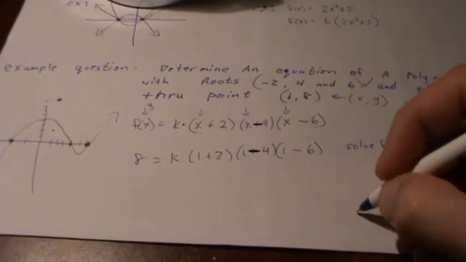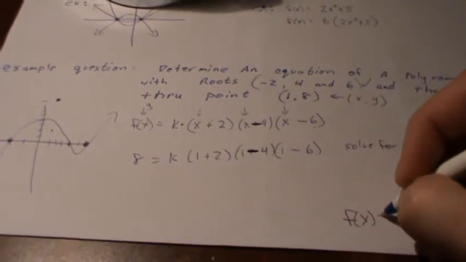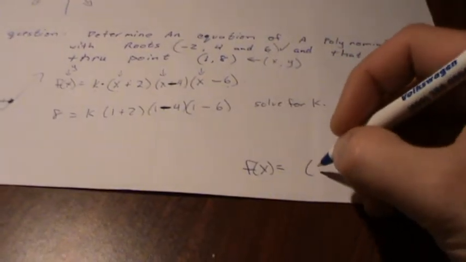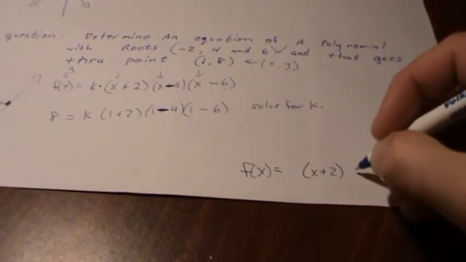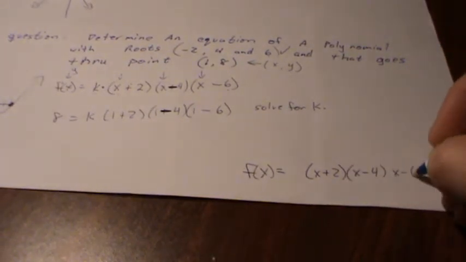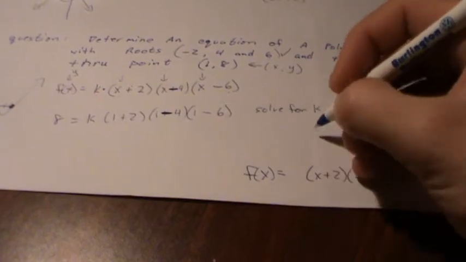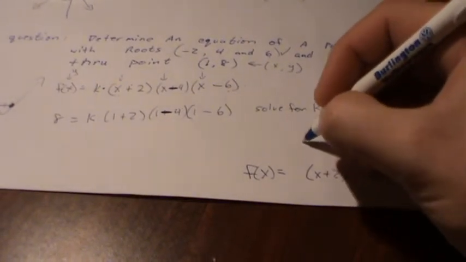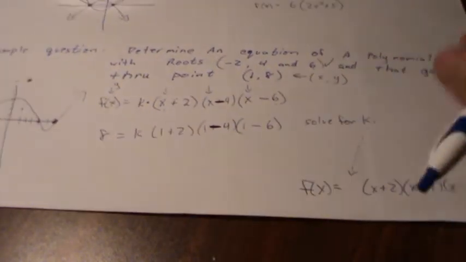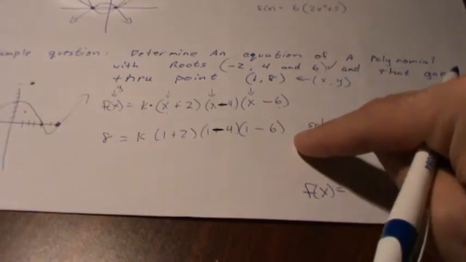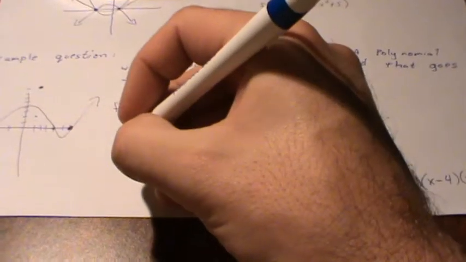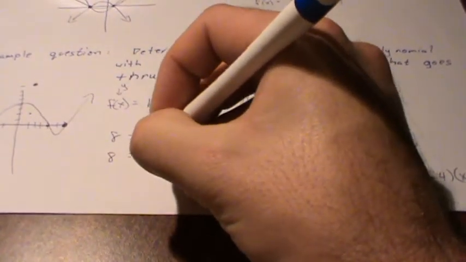In the end, I'm going to write my polynomial f of x is equal to x plus 2, x minus 4, x minus 6, and I'm going to place k right there. But I have to find k right over here real fast, though. But thankfully, I know algebra, and I can just find k.